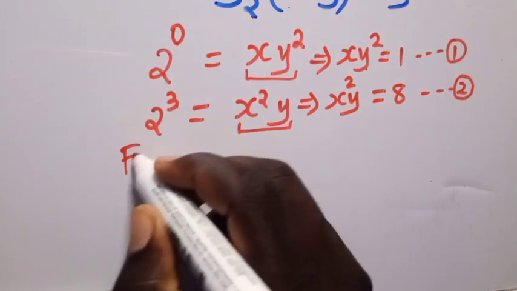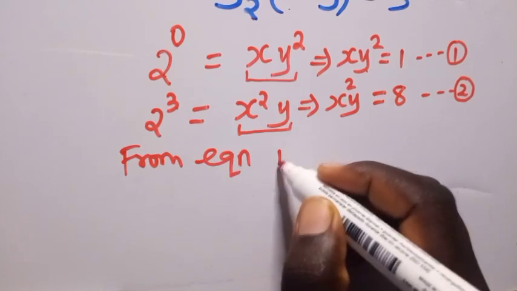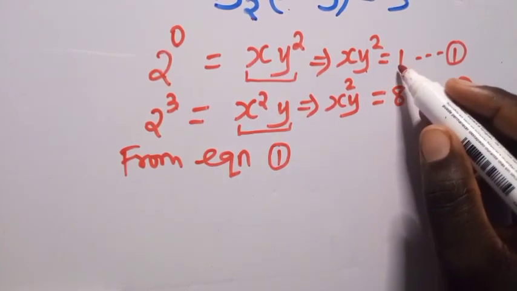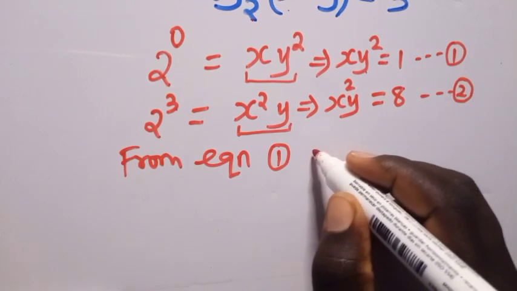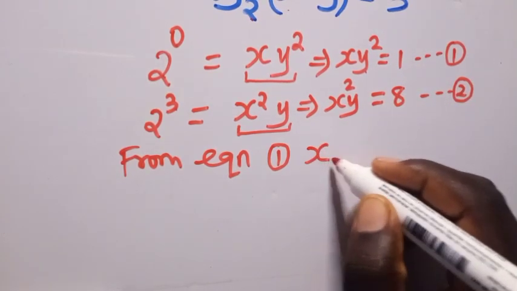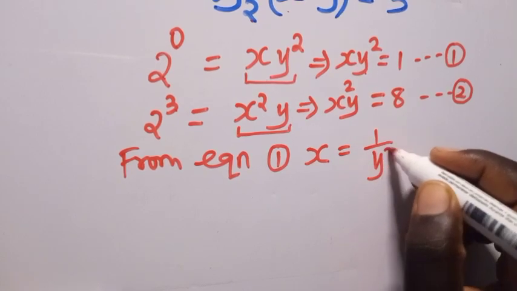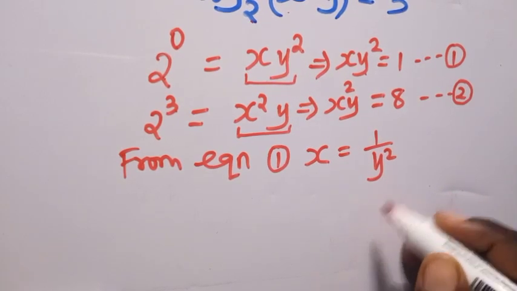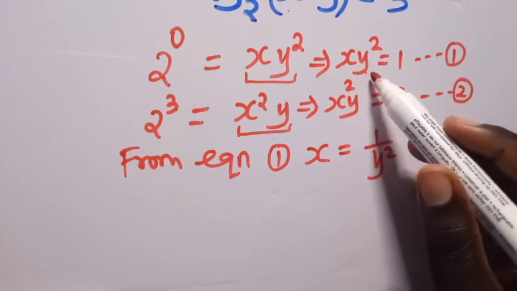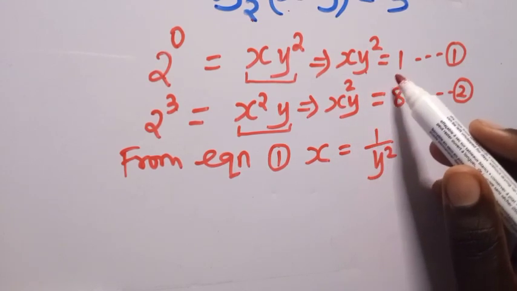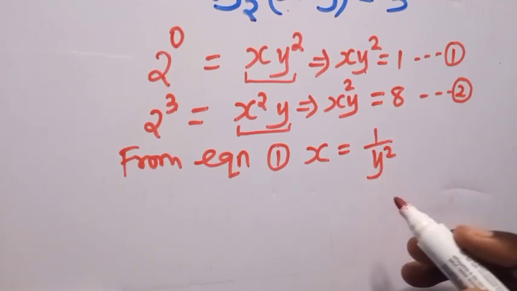From xy squared equals 1, we divide by y squared on both sides so that we have x equals 1 over y squared.